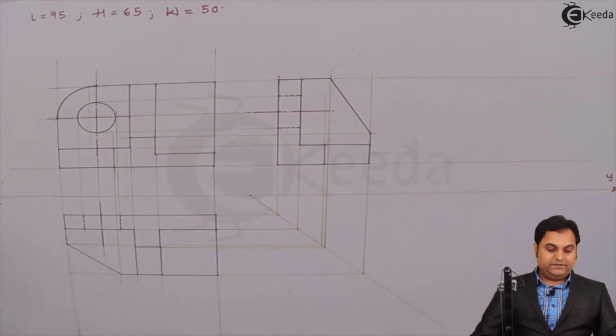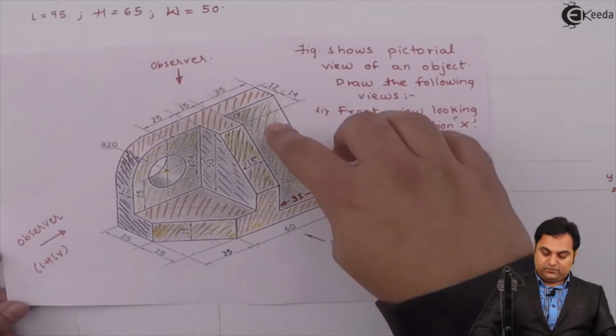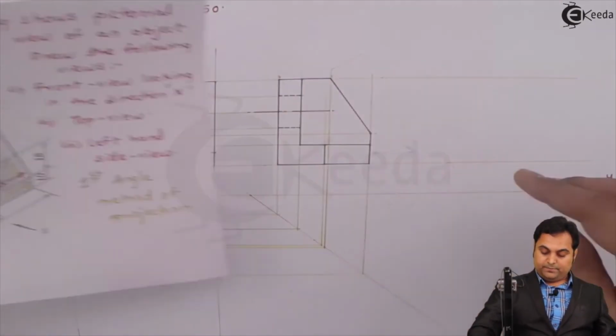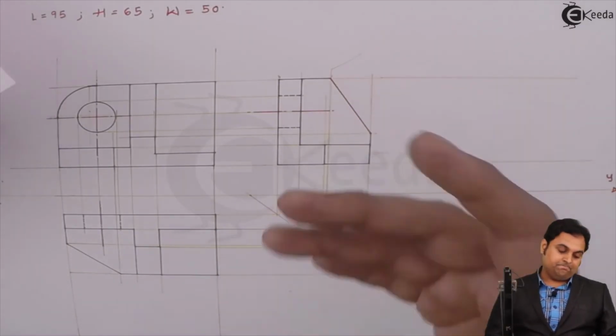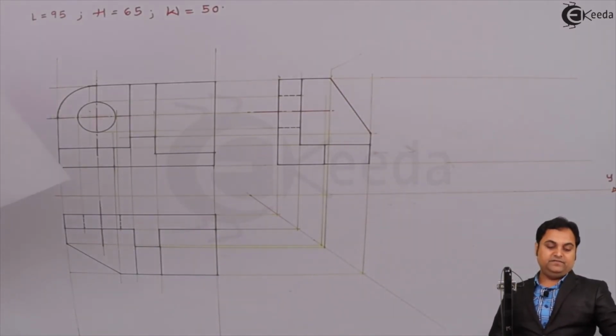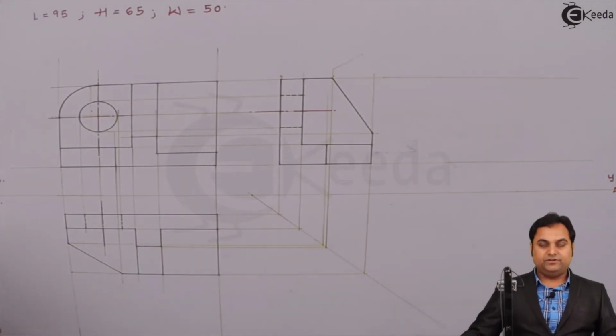So here we complete the side view, and as we see here, this rectangle which is inclined is going behind this surface, that is, they are coinciding. And finally I'll give the dimensions to it, starting with the front view.